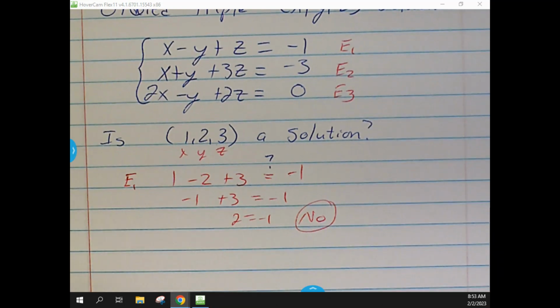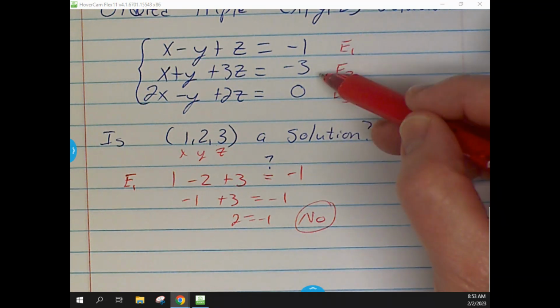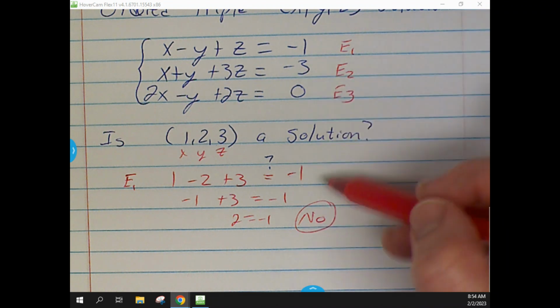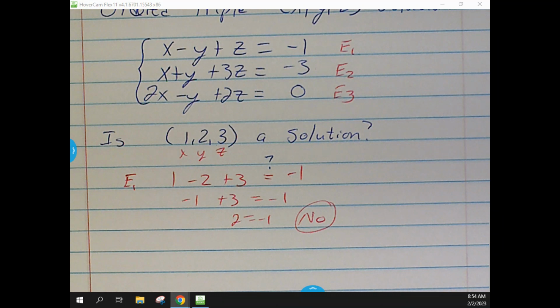All right. And again, for it to actually be a solution, this equation would have to be true. This equation would have to be true. And this equation would have to be true for each part of it. And if any one of the three is no, then you stop and you say, all right, it's not a solution. So you have to go through each problem.